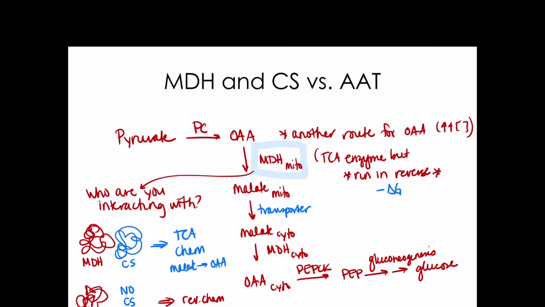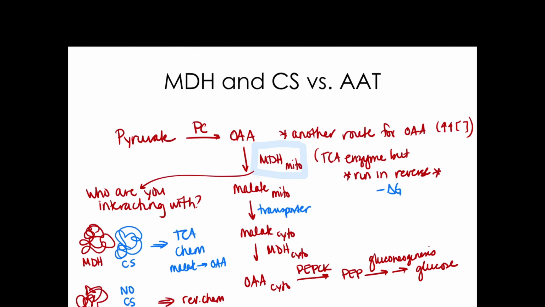Remember, if malate dehydrogenase is closely associated with citrate synthase, it's going to be moving in the unfavorable but forward direction, squirting out a little bit of oxaloacetate so citrate synthase can use it. If we want malate dehydrogenase to be working in the opposite direction, it needs to disassociate from citrate synthase so that it can do that chemistry in reverse.